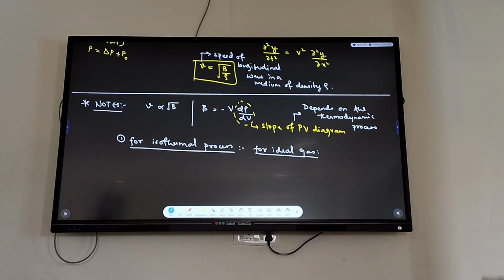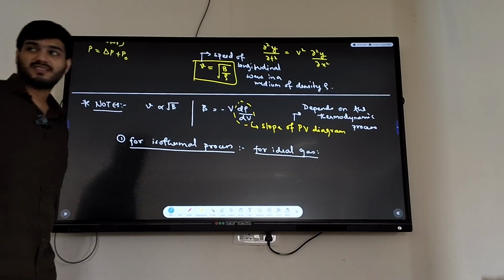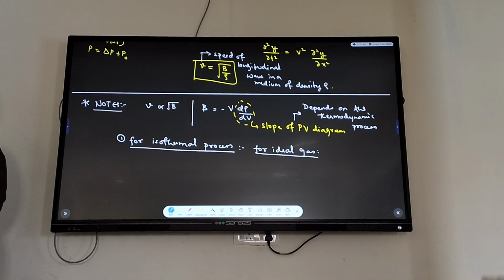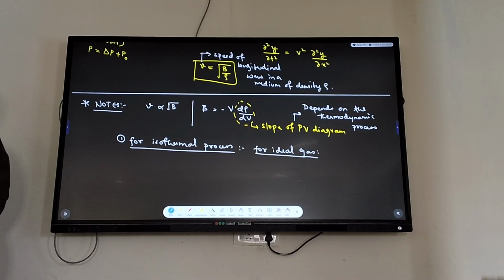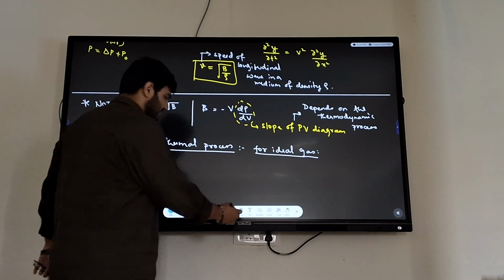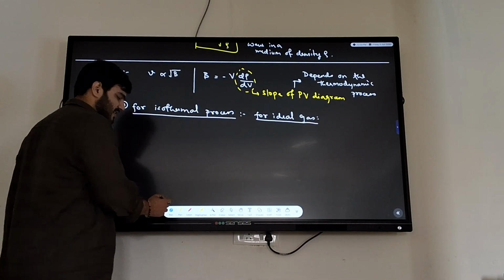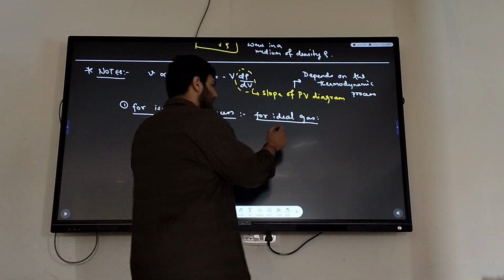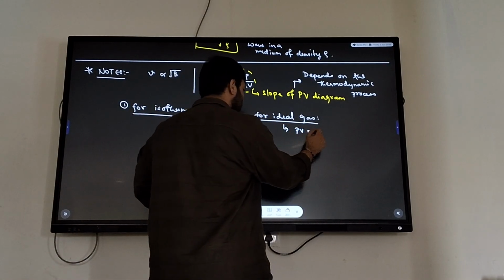Come on, let me help you with this one. Minus nRT by V. Can you write it in terms of P and V? Minus P by V is correct. And the way in which you do it is you follow the equation of state. And what is the equation of state for an ideal gas? That's PV equal to nRT.